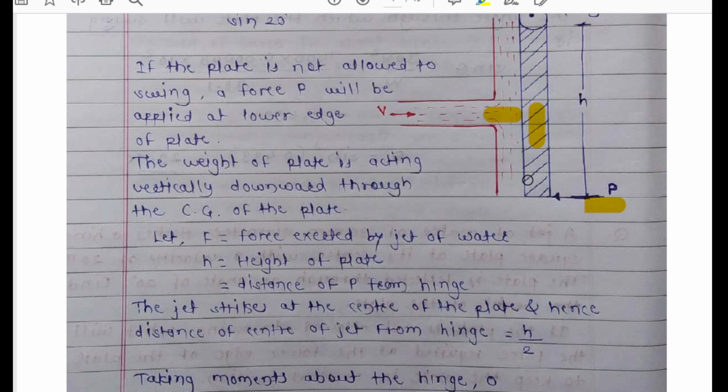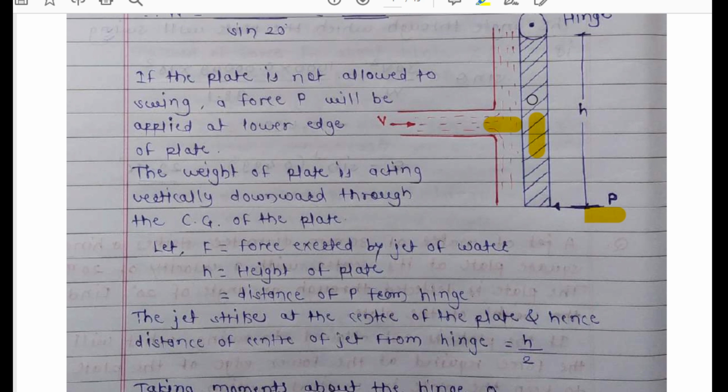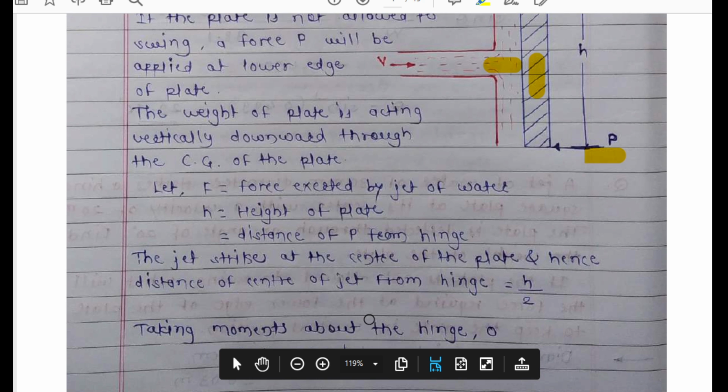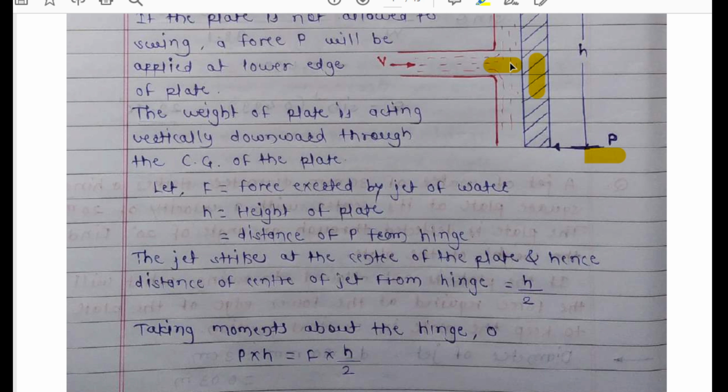Now we can see here that the force F, exerted by the jet of water, is acting at a distance half of this height, that means h by 2. The jet strikes at the center of the plate, and hence the distance of the center of the jet from the hinge is h by 2. Now we can take the moments of these two forces, F and P.